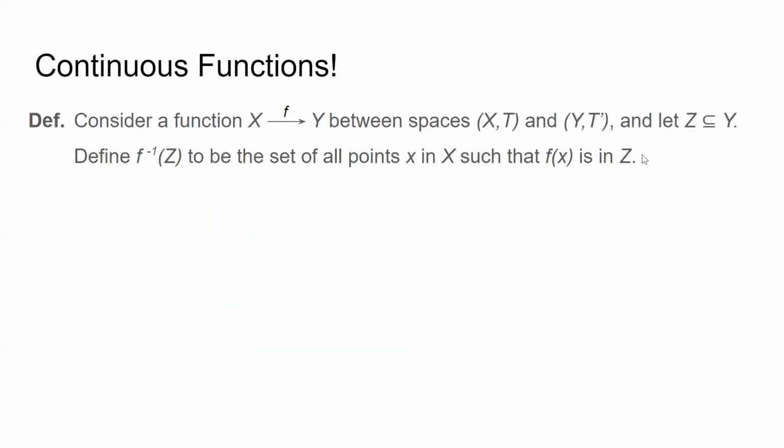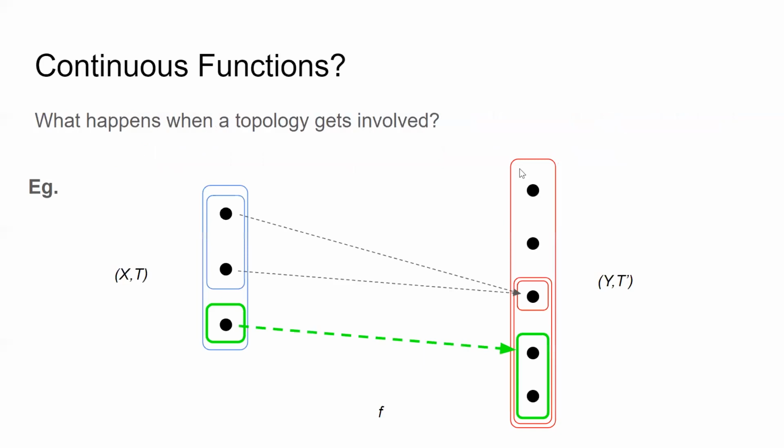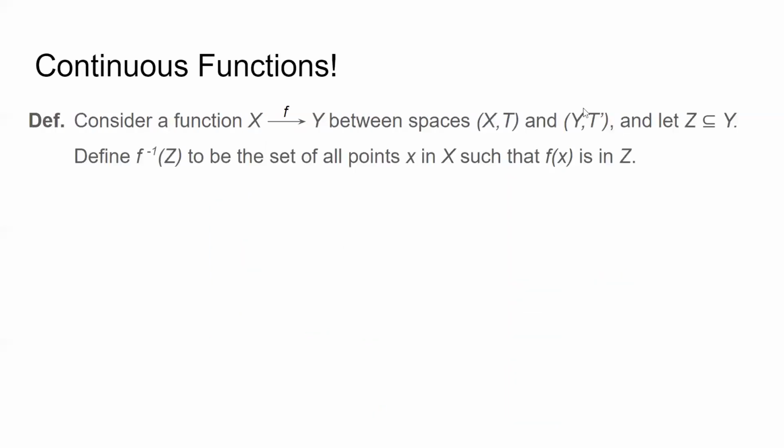Okay, so let's actually think about defining what it means for a function to be continuous. There's kind of an intermediary step. In the previous slide, we were tracing back a function along sets. Well, I'd like to make that a little bit more specific. What does it mean to actually trace back a function?